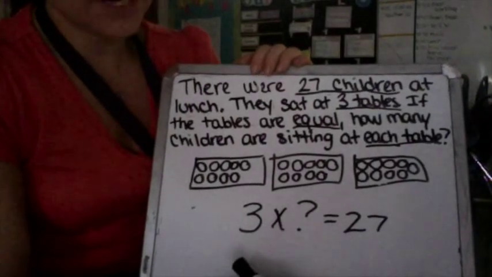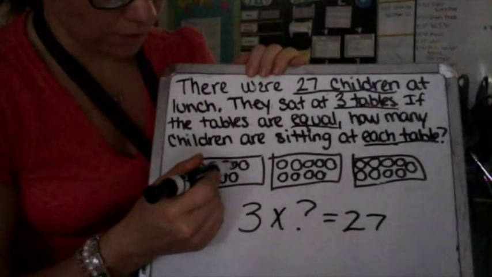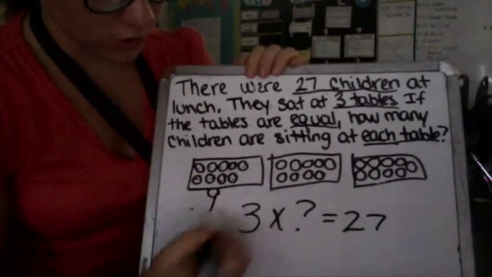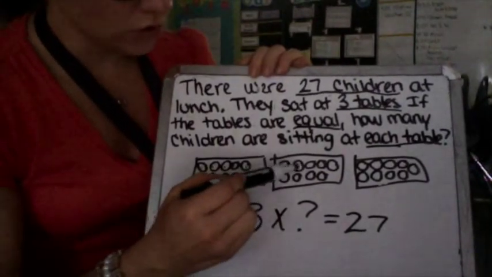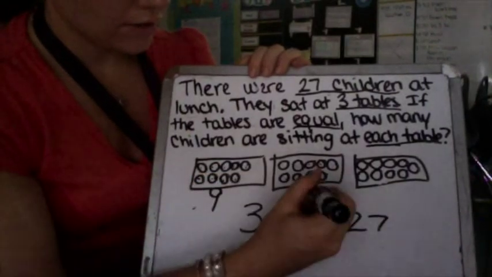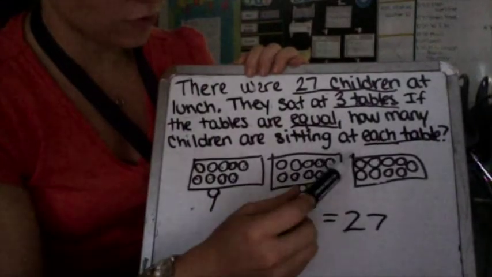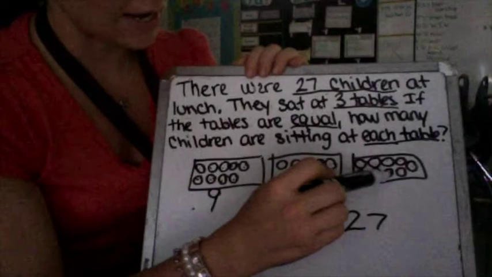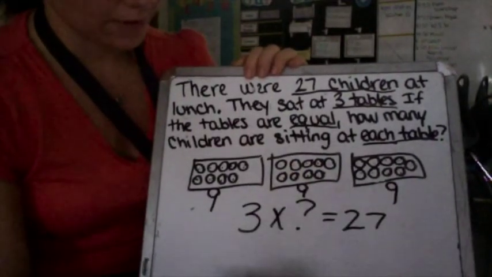So now let's figure out how many are at each. 1, 2, 3, 4, 5, 6, 7, 8, 9. There are 9 children at table 1. Count table 2. 1, 2, 3, 4, 5, 6, 7, 8, 9. There are 9 children at table 2. And then how many at table 3? 1, 2, 3, 4, 5, 6, 7, 8, 9. There are also 9 people at table 3.